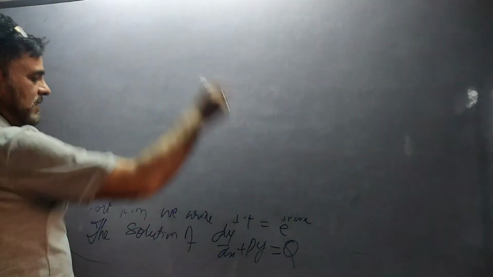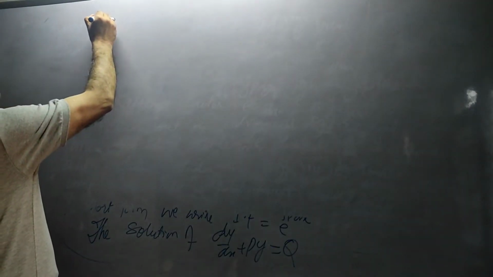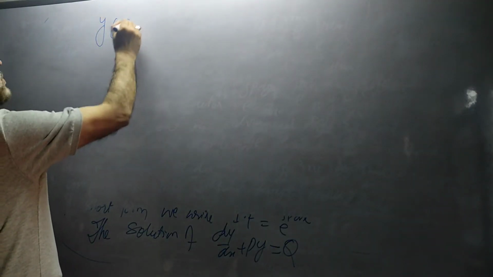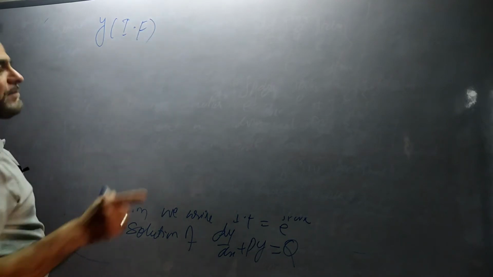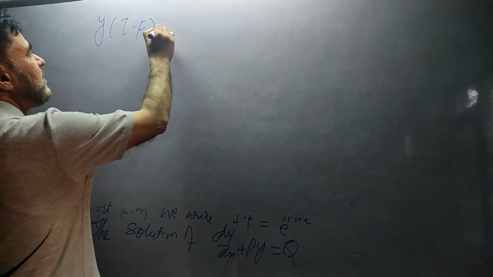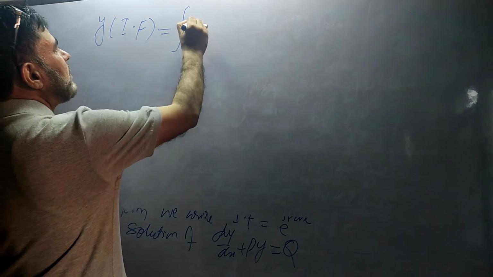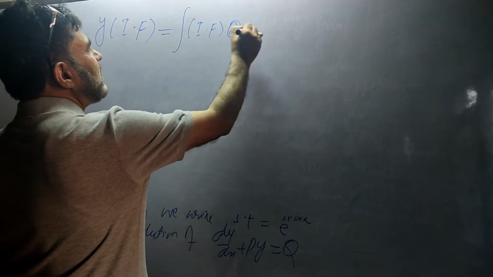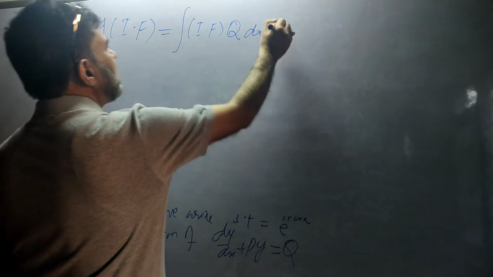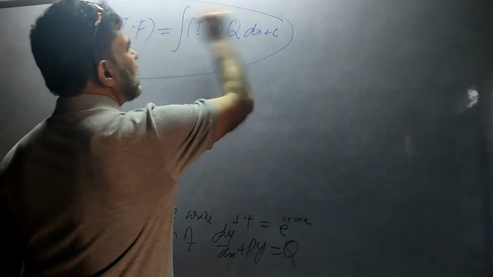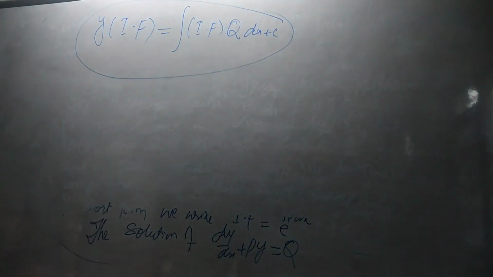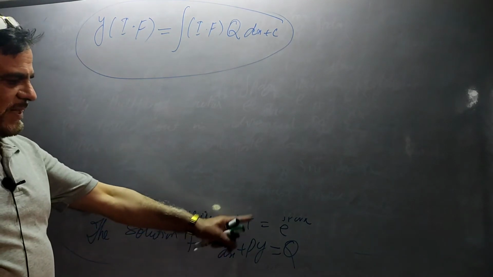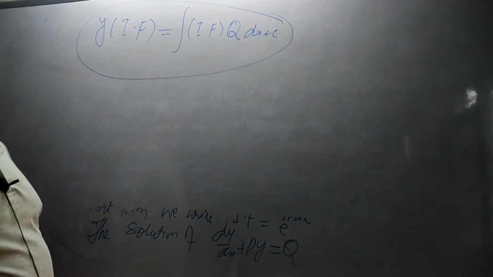The solution of this is, in short form, y into the integrating factor is equal to the integral of the integrating factor times q dx plus c. This is the short form to remember the solution, where the integrating factor is e raised to the power integral of p dx.